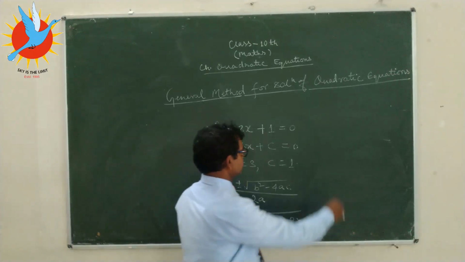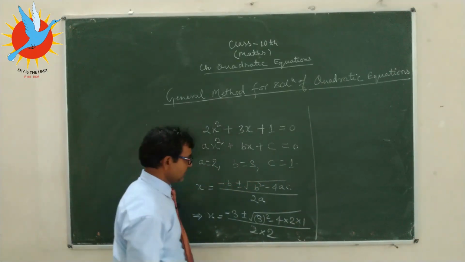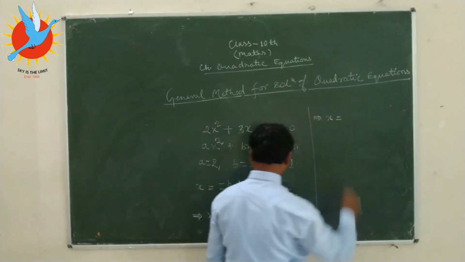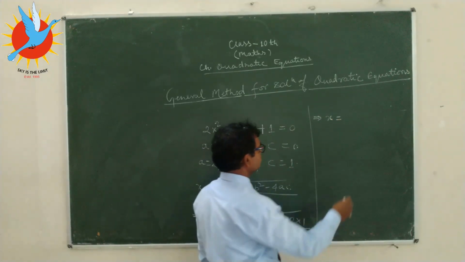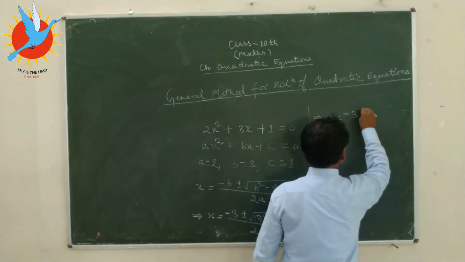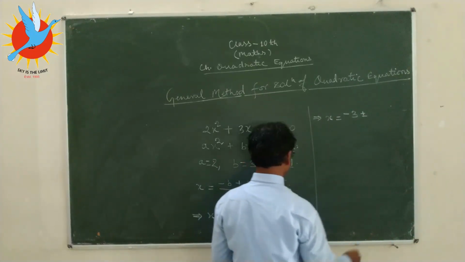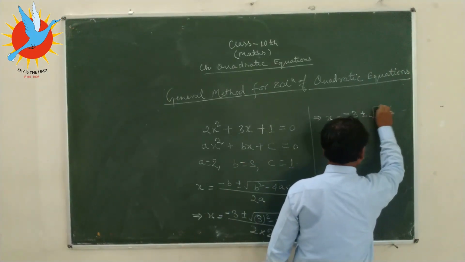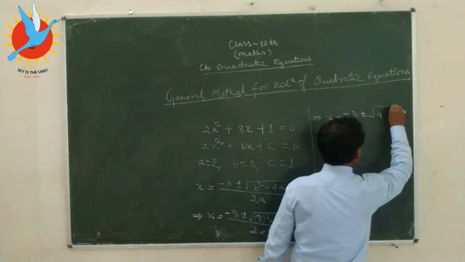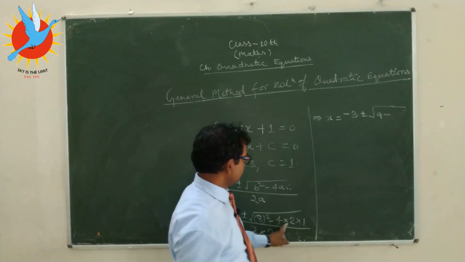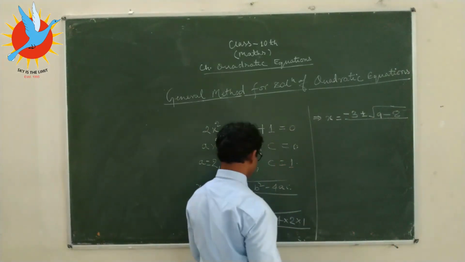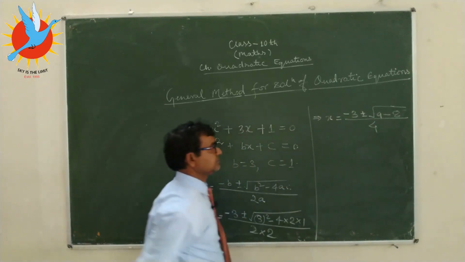Solve this further. We have x equal to minus 3 plus minus root of 9 minus 4 times 2, that is 8, upon 2 times 2, that is 4.